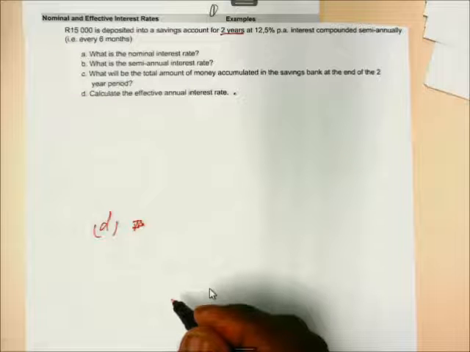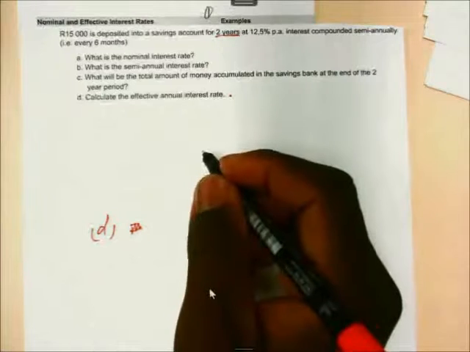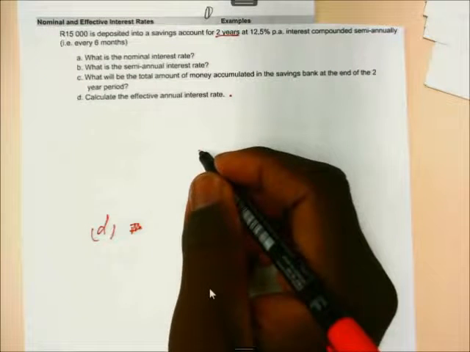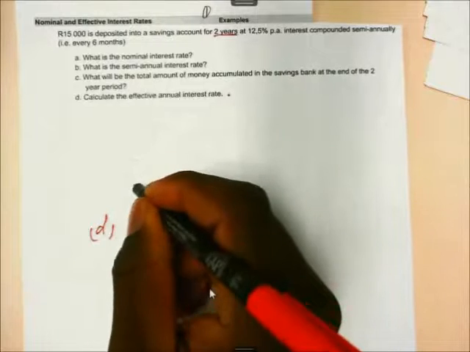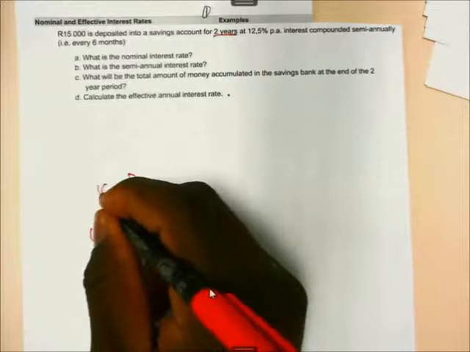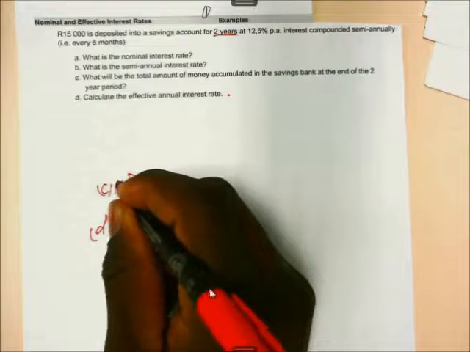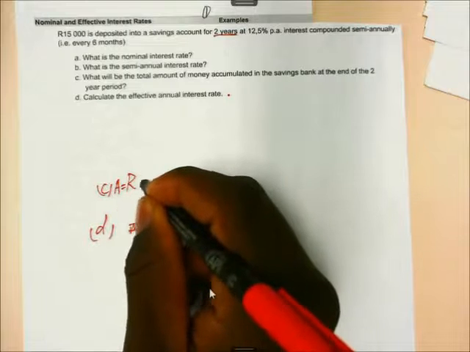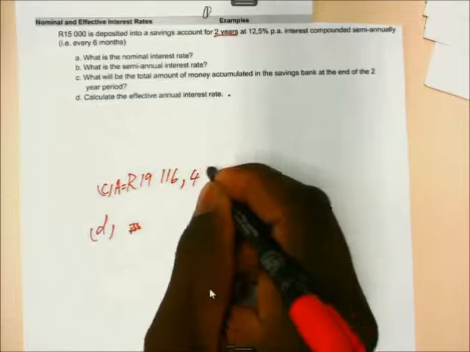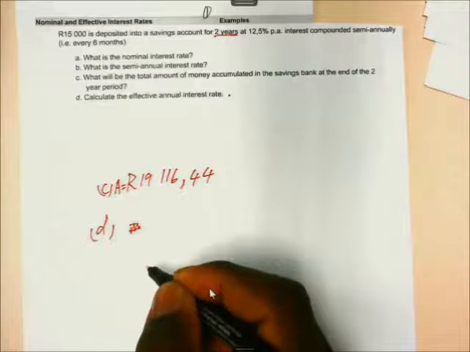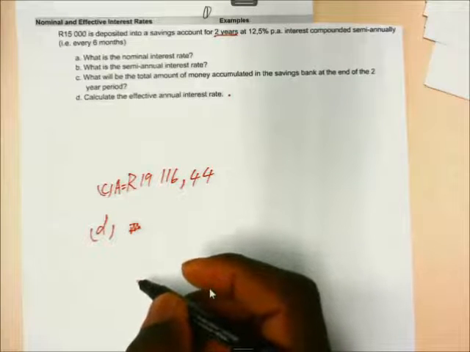We can also use the amount that we've got there at C. What is the amount? Yeah, A equals 19,116.44 cents. Okay, then how are we going to work out the effective interest rate?